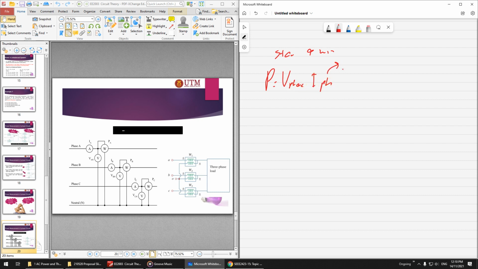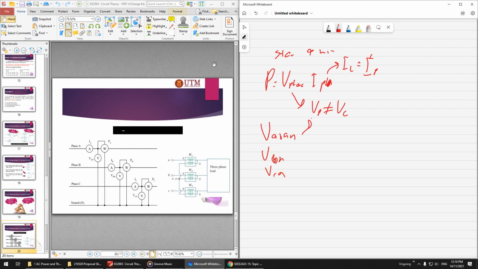I phase and I line are the same for star connection. V phase is not equal to V line, but for calculating this we use V phase, which is from A to N: VAN, VBN, and VCN.